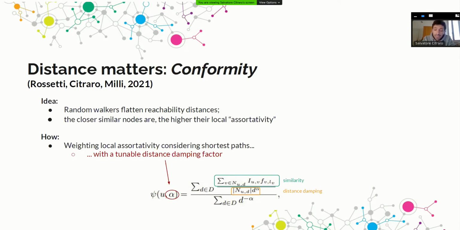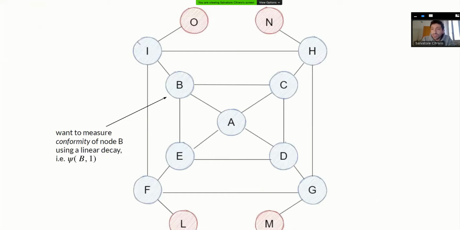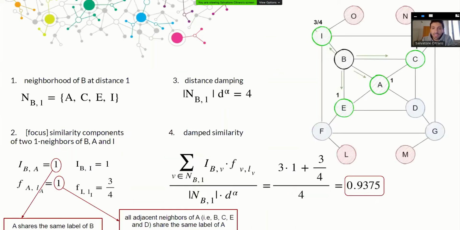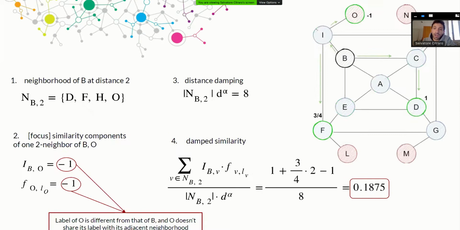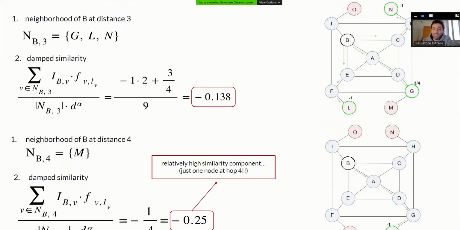I also prepared an exercise to deal with this measure, but we don't have time to do it in detail. It is just to visualize that we have different value components, and with this decay factor, we can dampen the importance of different levels.